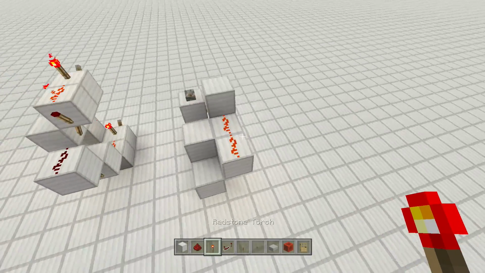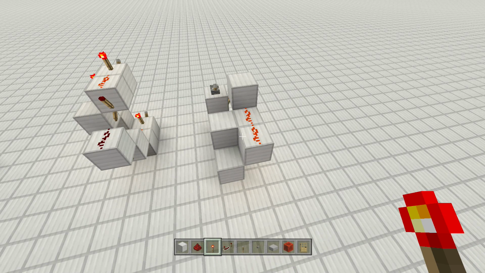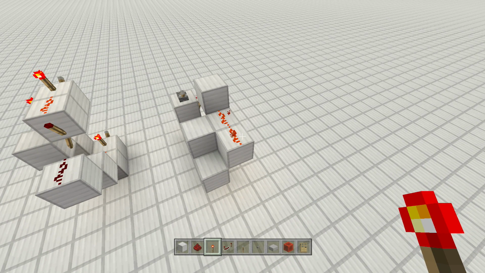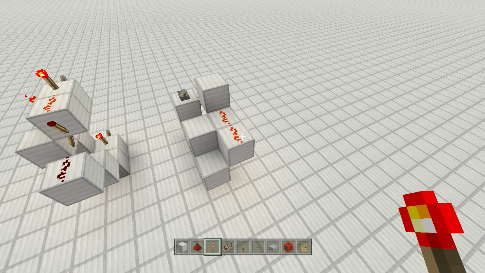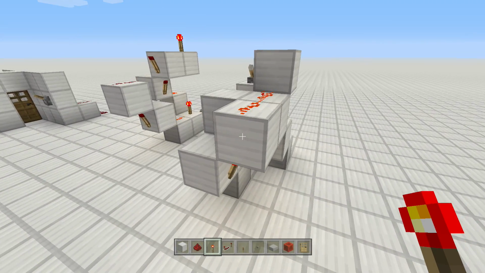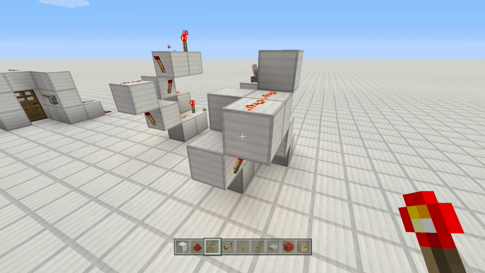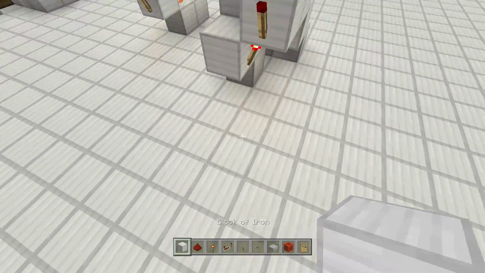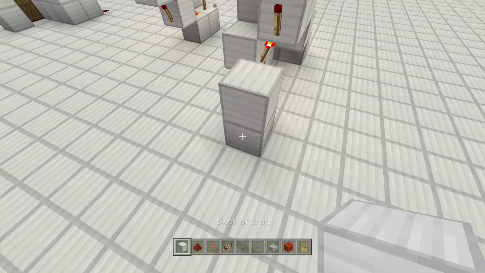So this is an XNOR gate. And the reason I put the letter N before the OR is because the N represents the inverted version of it. If I want to get back my XOR gate, I just put a torch here to invert the output, and now I'm back with an XOR gate.